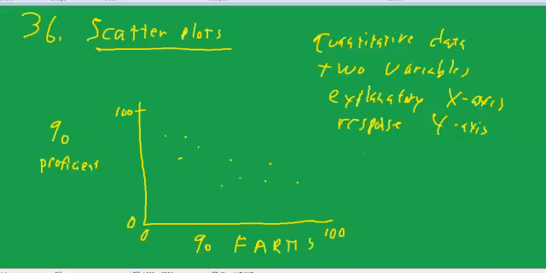So for example, in this sketch, I have on the y-axis, the variable I'm trying to explain, the 4th grade math proficiency percent in a school.